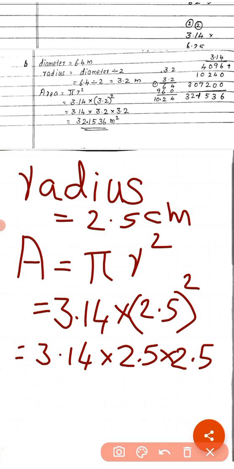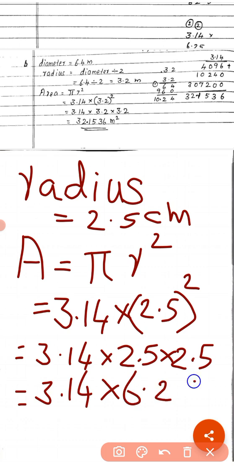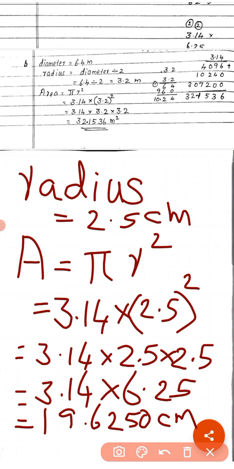You should multiply 2.5 two times. Then 2.5 into 2.5 is 6.25. 3.14 into 6.25 is equal to 19.6250 centimeter square.